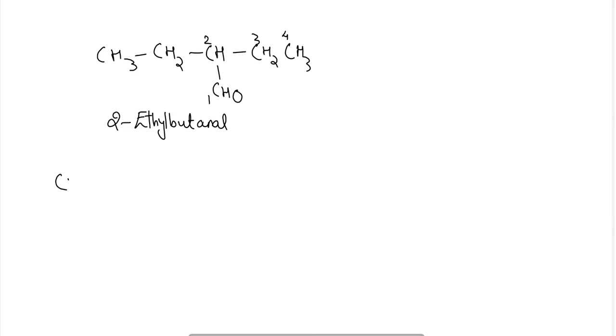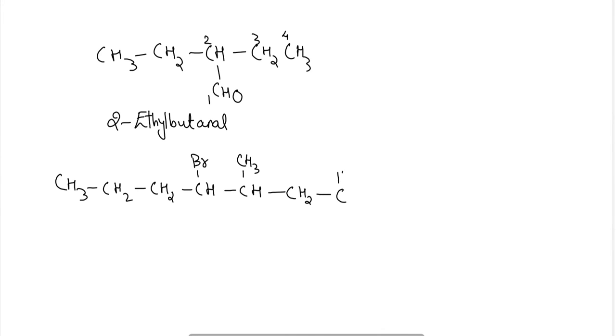One more example I am taking. Here we can see that the longest carbon chain is 1, 2, 3, 4, 5, 6, 7. Two side chains are attached to the fourth carbon atom and the third carbon atom.